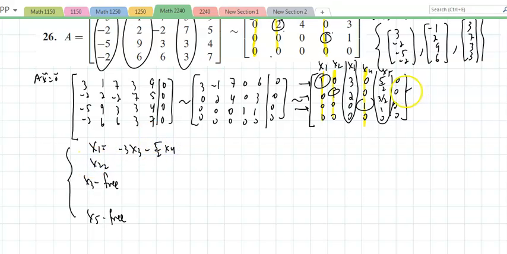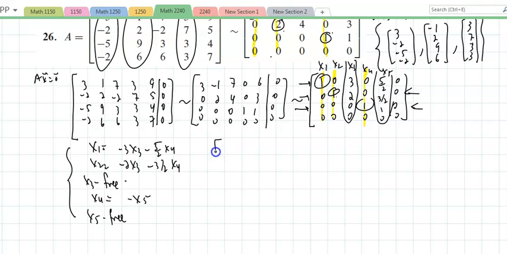X sub 2 is, I didn't line them up properly, negative 2x3 minus 3 halves x4. x3 is x3, that's free. x4 is negative x sub 5.